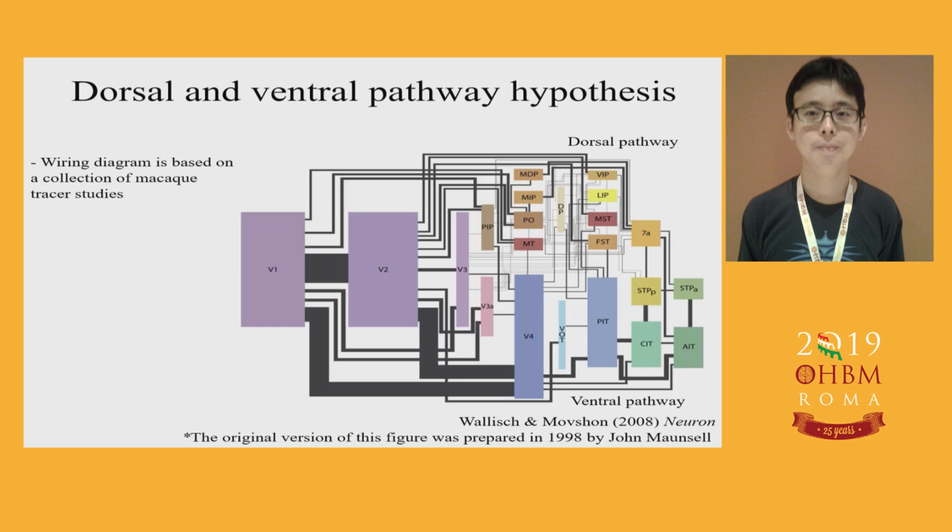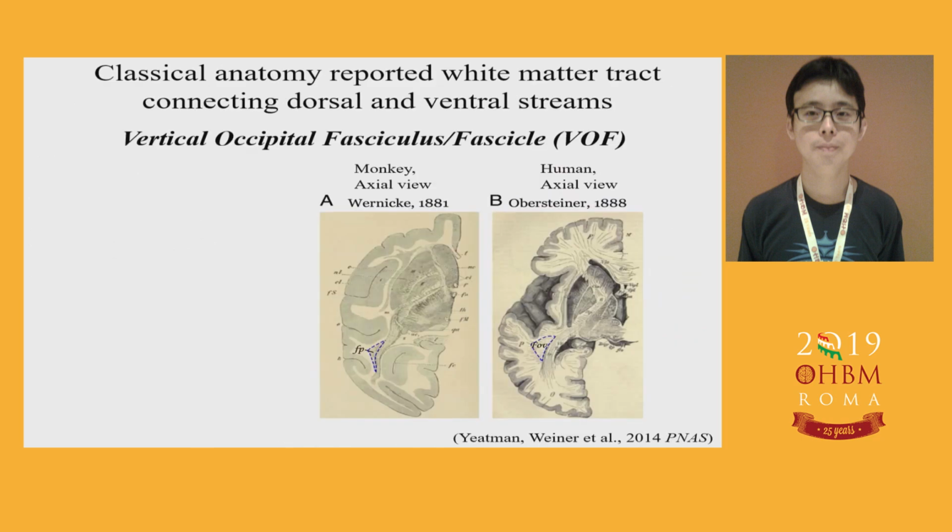As you see in this picture, I think it emphasizes the relative separation between dorsal and ventral areas. They actually do not emphasize the connection between them. Because of this kind of idea, I believe that to some extent visual neuroscientists have recognized that the dorsal and ventral streams are distinct systems.